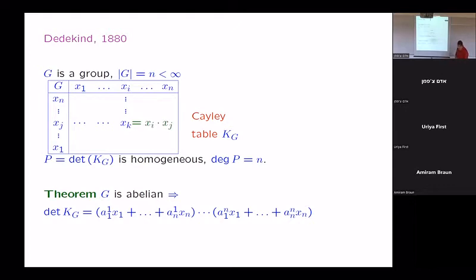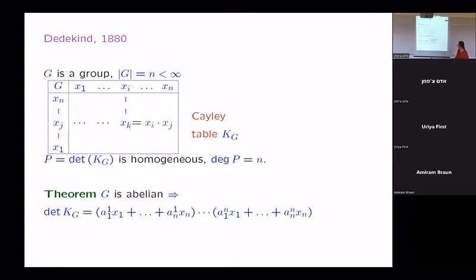Well, the determinant will be some homogeneous polynomial of degree equal to the order of this group. And as usual for polynomials, we would like to decompose them into the product of irreducible factors. What does this decomposition look like?